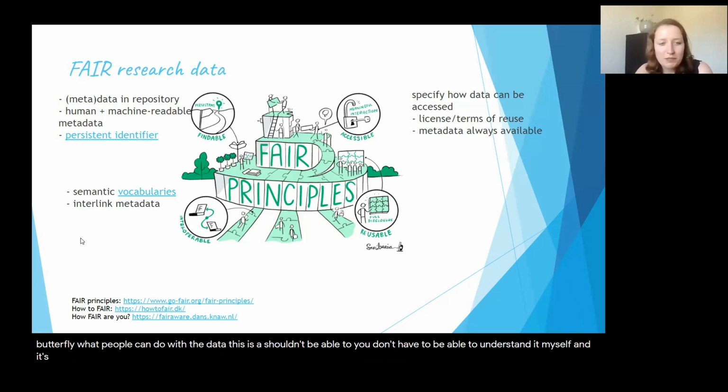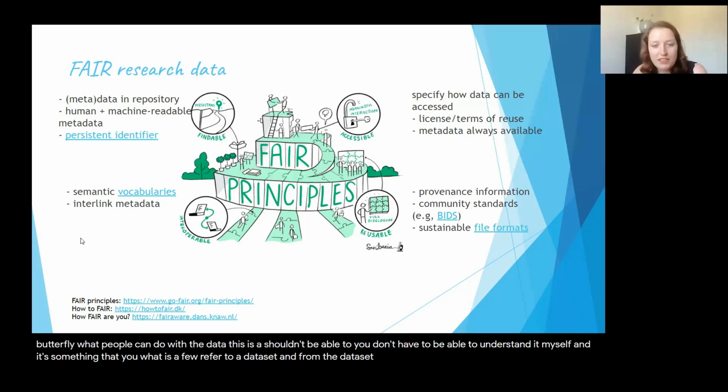This is typically something that you ask for help with, because we shouldn't expect researchers to know all this by themselves. Another point in interoperability is interlinking metadata, so that machines also know that certain outputs are related. A very simple example is if you refer to a data set from your paper and from the data set to your paper.